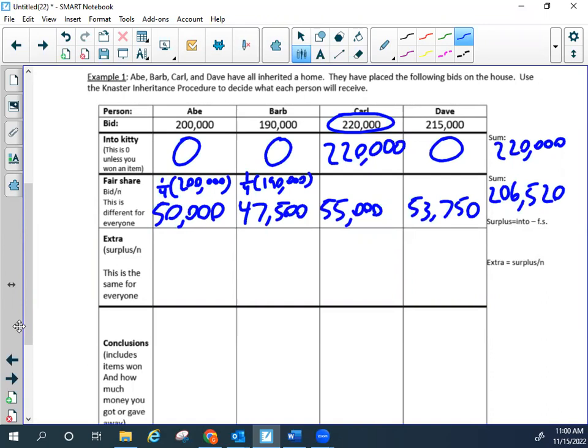So in this case, what we're going to do is subtract these two lines, and we find that there's $13,750 left over. So in our kitty, in the pot of money in the center of the table, there's $13,750 left in it. And what we do is divide that evenly among everyone. So there's 4 bidders. We'll divide it by 4. That comes out to $3,437.50 for everybody.